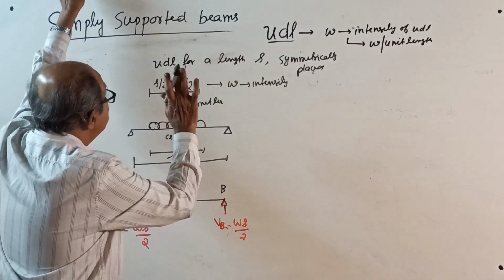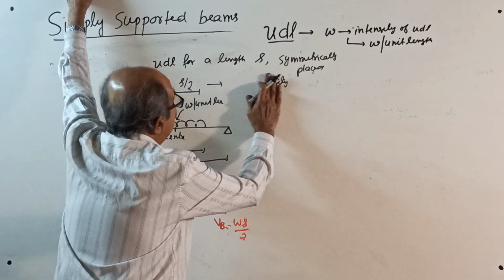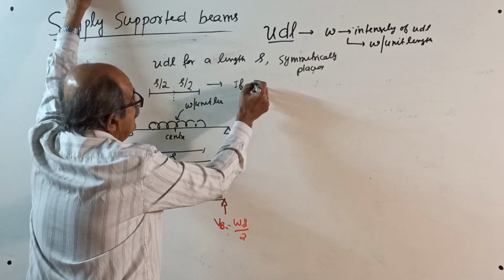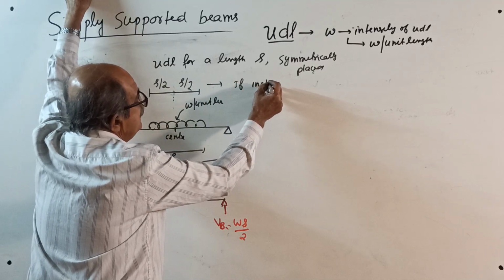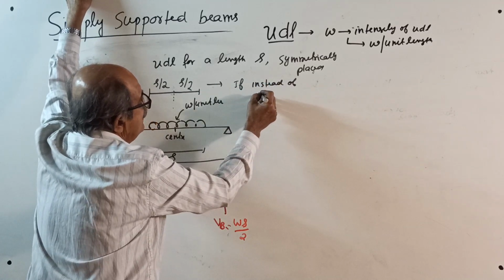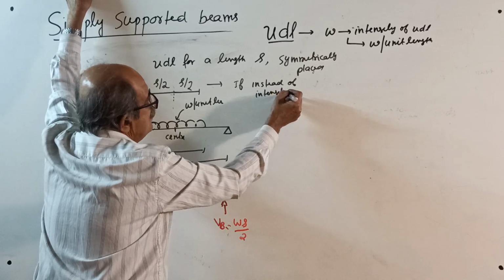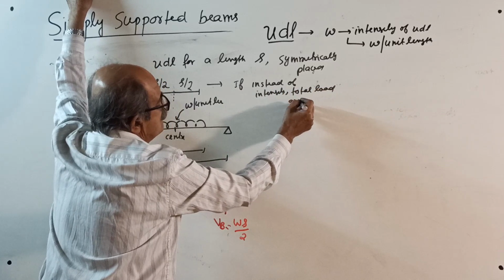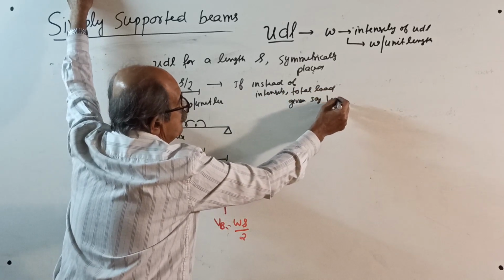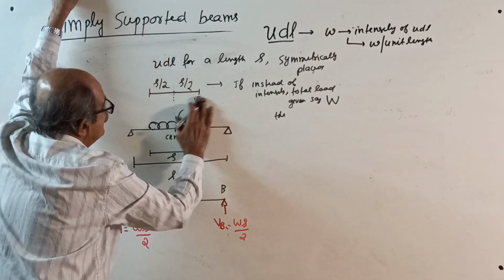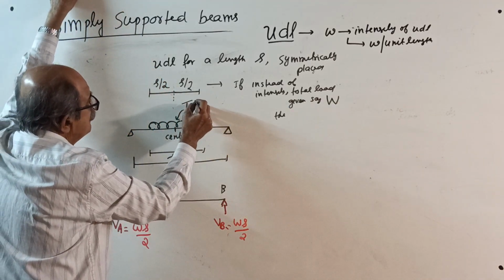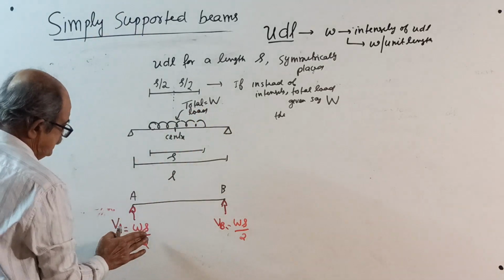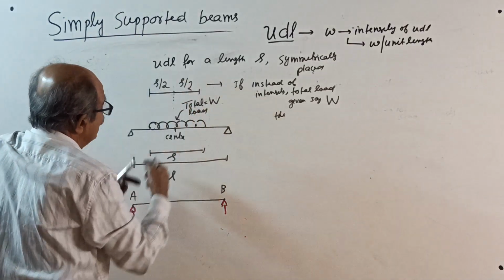Now, by chance, make a note here. By chance, now, if instead of intensity, total load is given, say W, then see here, they will tell you total load equal to W. Then answer is symmetrical.